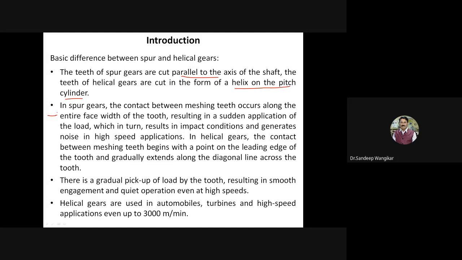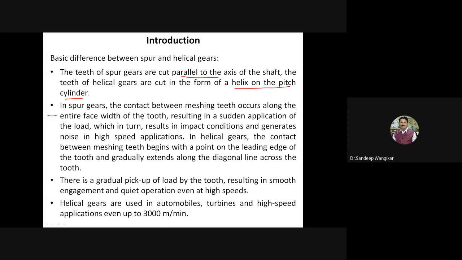Therefore, direct line contact is there, and the teeth mesh along the entire face width. So this is a line contact resulting in sudden application of load. One tooth applies the load on the other, which gives the impact condition and generates noise. So these are the four things mentioned.